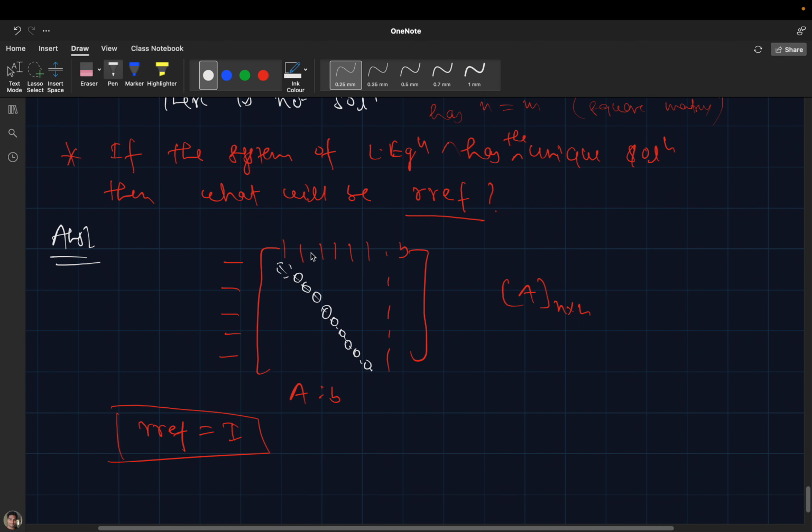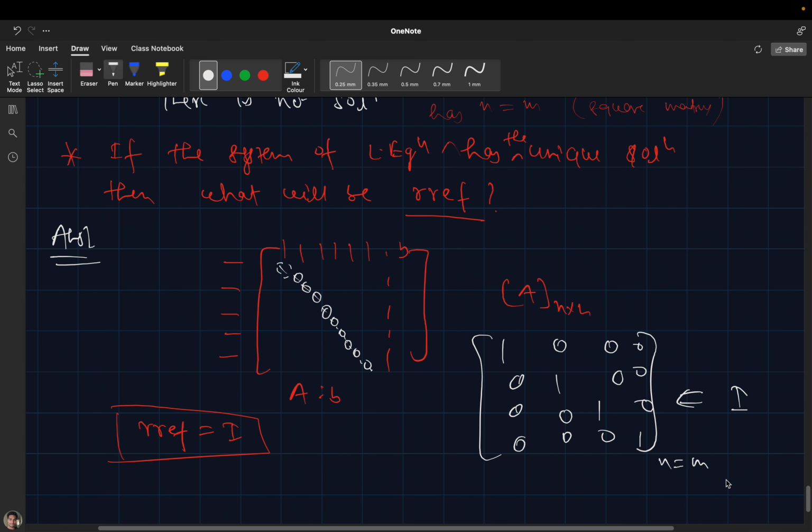There will not be any kind of free variables, which means that all elements are at the leading position. Which means that it is the identity matrix. But this will only happen when n equal to m.